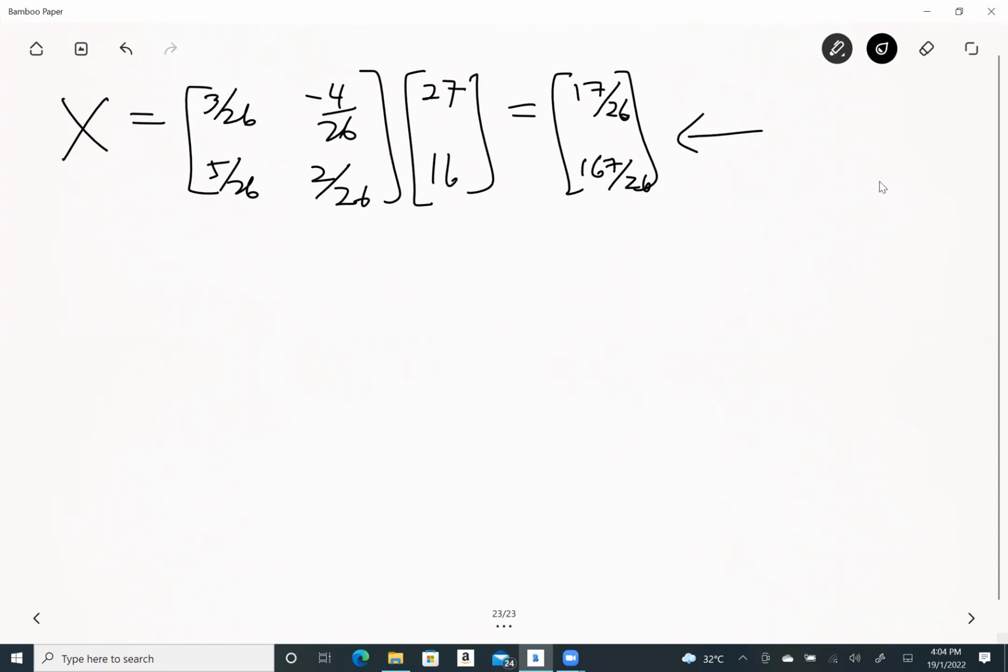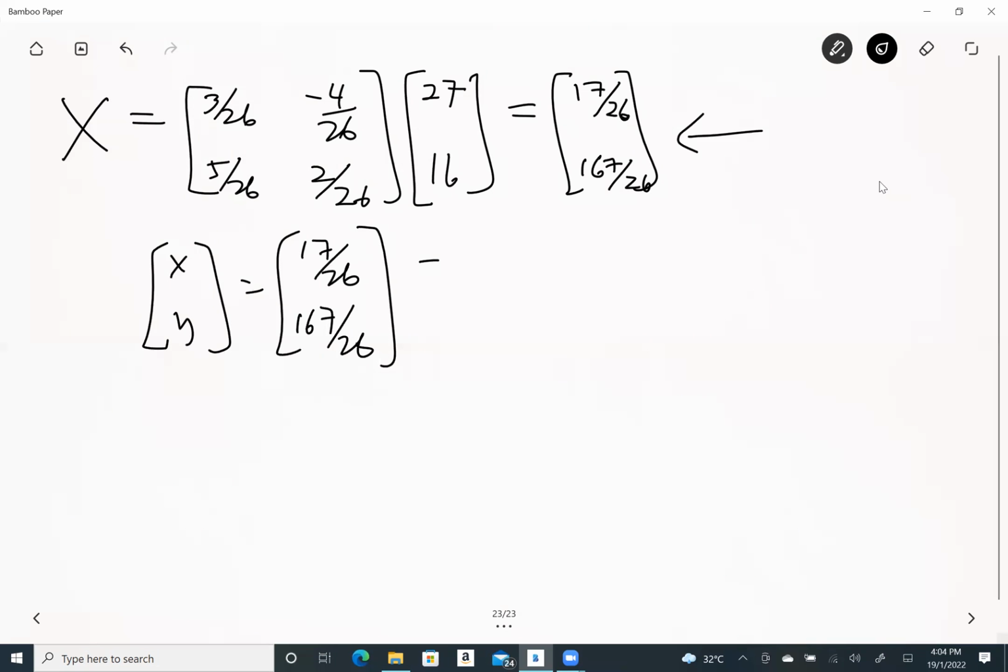And that is equal to, okay, x is 17 over 26 and y is 167 over 26. So in order to make more sense, let's do it in decimal points, so we can see the size. So 17 over 26, how much? About 0.65.